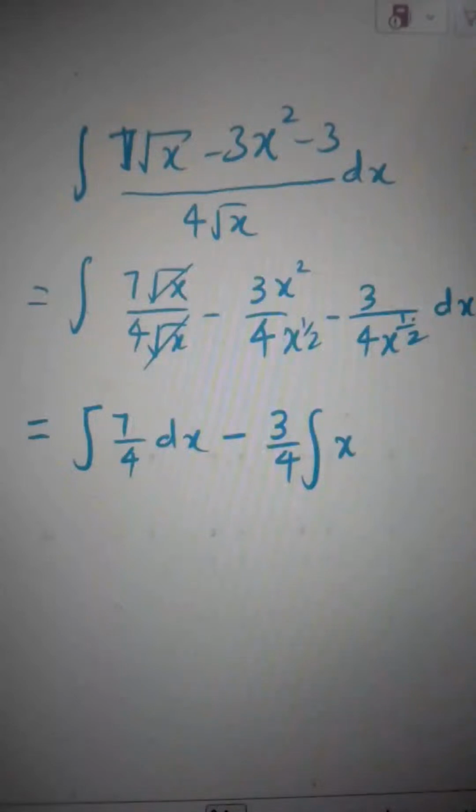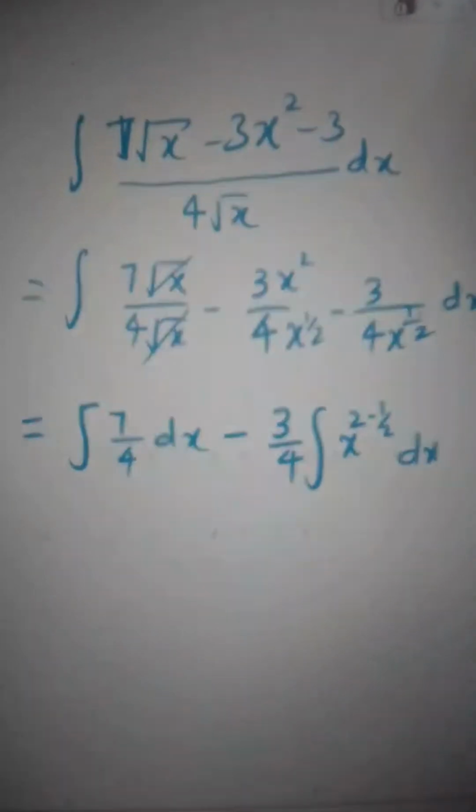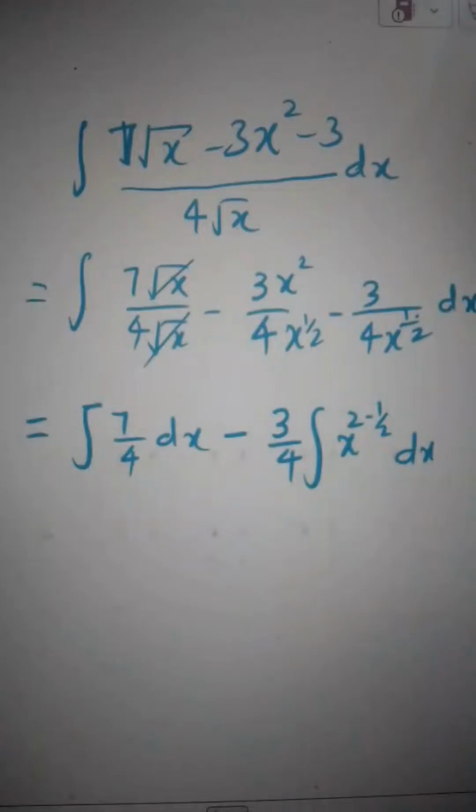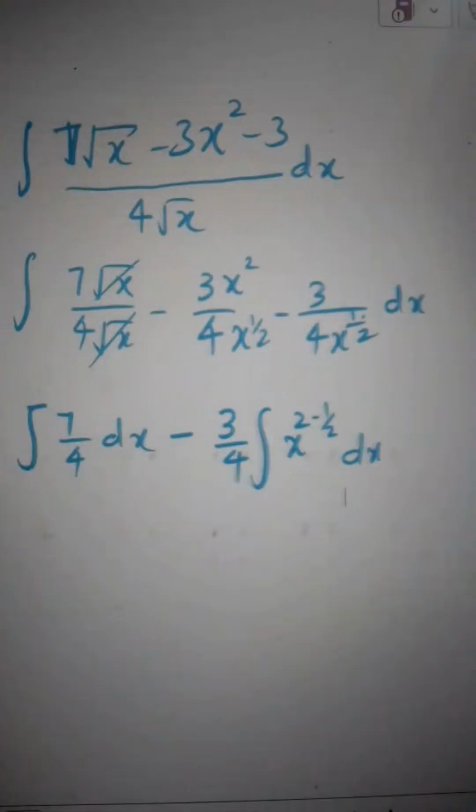These two powers, one is 2 power, the other from the denominator rises to the numerator and will be subtracted. dx minus 3 by 4 integration; this x can be written as x power minus 1 by 2 in the numerator.